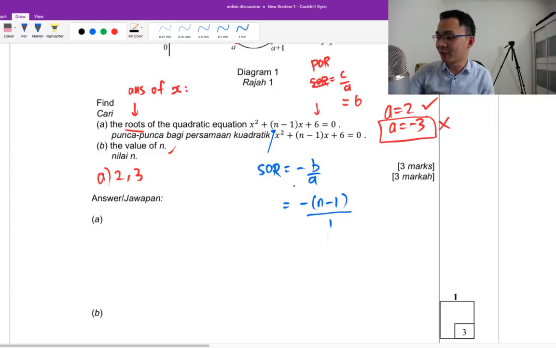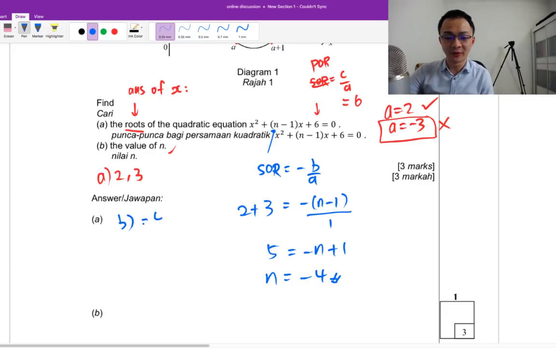My roots are 2 and 3, so it will be 2 plus 3. So I get 5 equals negative n plus 1. So my n equals negative 4. That's all. So my b is negative 4. Okay, I hope you can understand that.